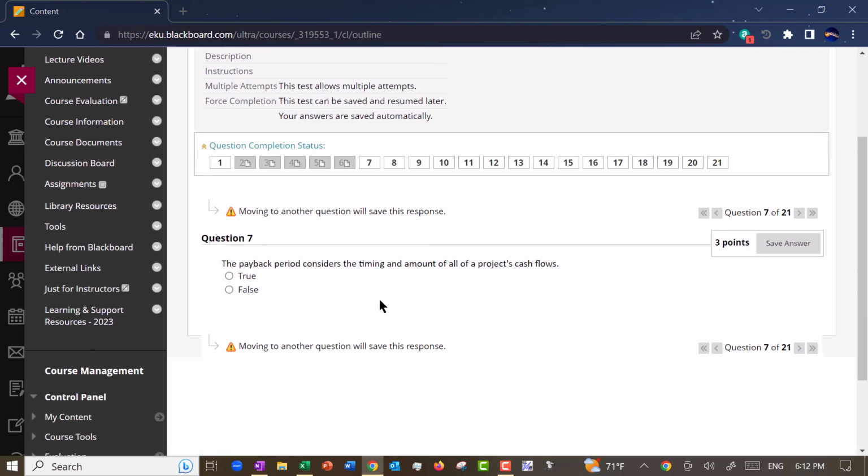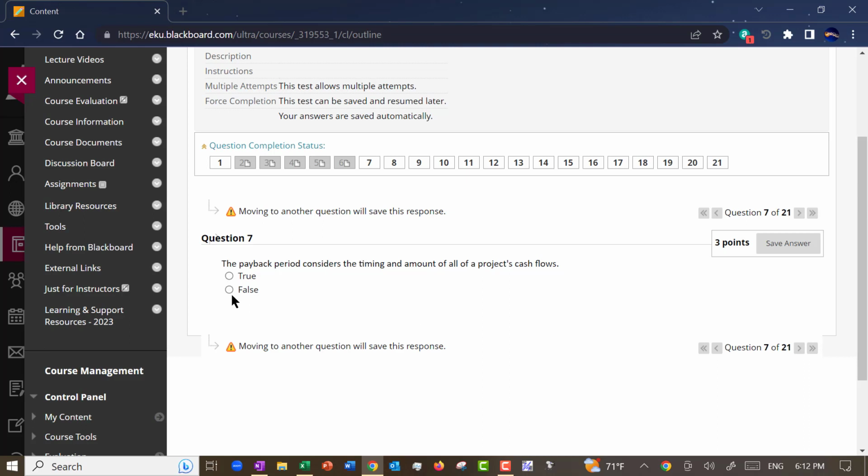The payback period considers the timing and amount of all of the project cash flows. True or false? Why do you think it's true? I mean, your reasoning kind of is there, but you're forgetting one thing.